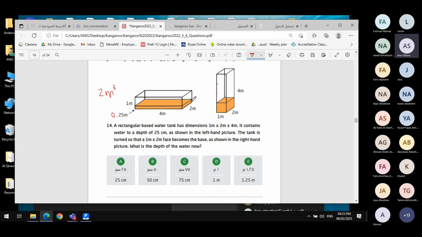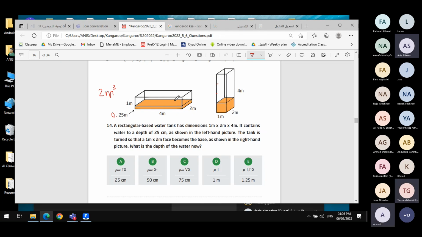So by multiplying 2 times 4 times 0.25, we found the volume of the liquid only. The suggestion of 2 times 4 times 1 is to find the volume of the whole rectangle.